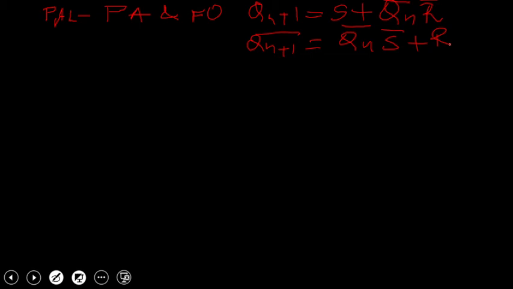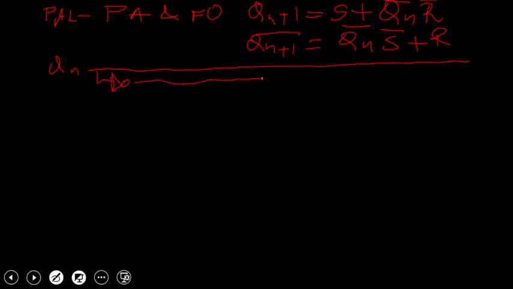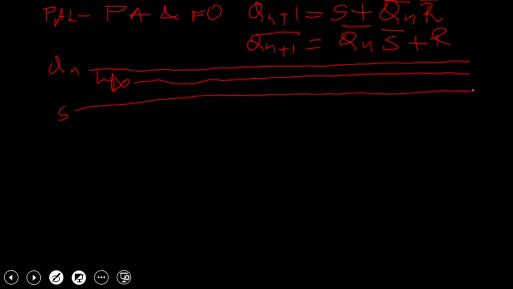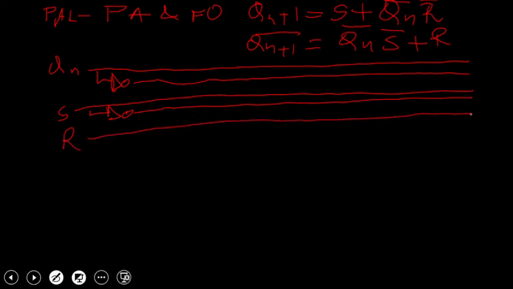So we will make 3 inputs: one line for Qn, and another will be its inverted form, which will give Qn bar, one line for S, another for S bar, similarly a third line for R, and then you have R bar.